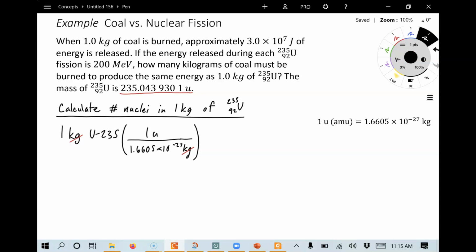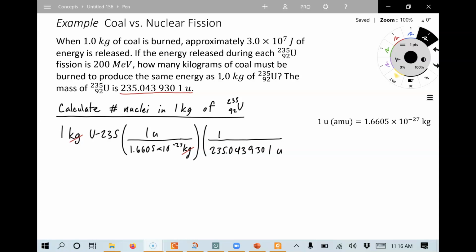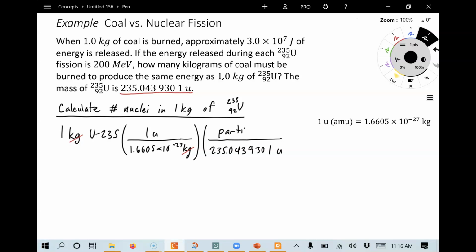And now we're going to convert that into particles using the molecular mass. So we have 235.0439301 U per particle of U-235.